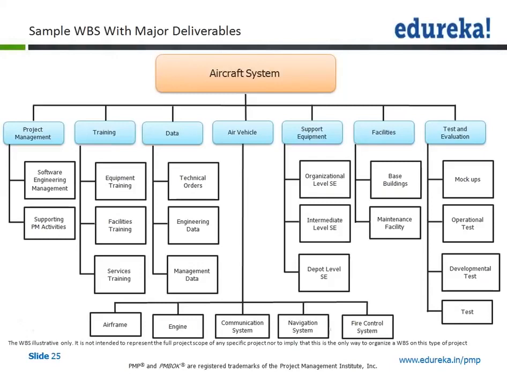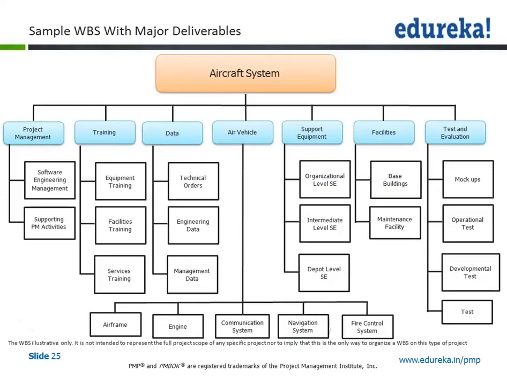The major deliverables are divided into various categories in this example. And if you look at the project management, the training, the data, the vehicle, support equipment, facilities, test evaluation as the major deliverables, those deliverables are then further divided into small deliverables.